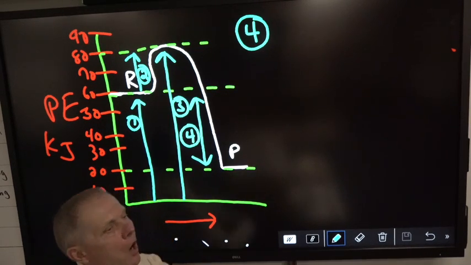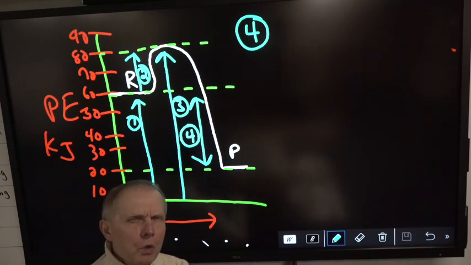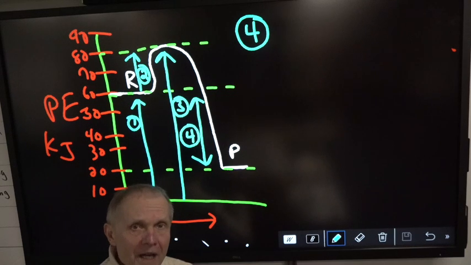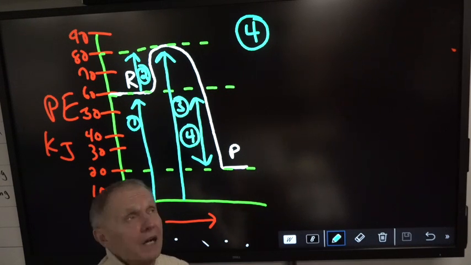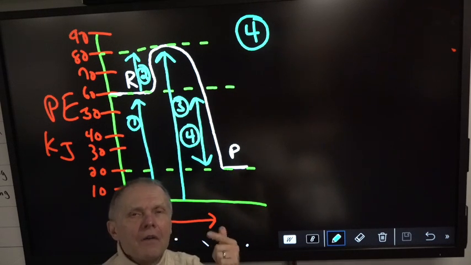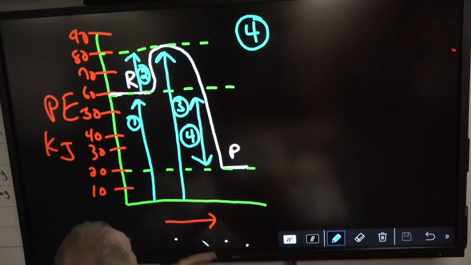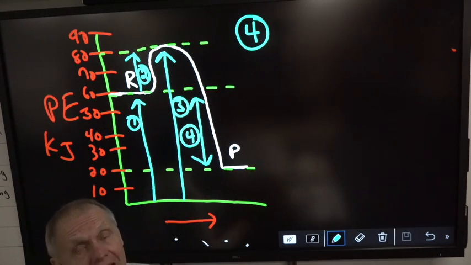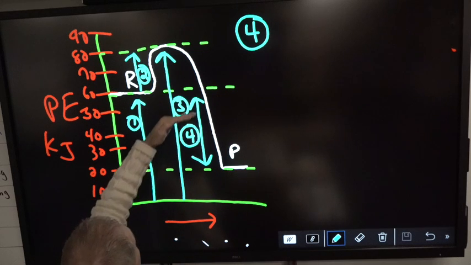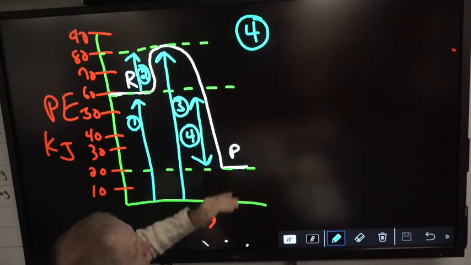You can't say, oh, that reaction gave off 60 kilojoules, because you invested 20 kilojoules to break the old bonds right here. So you can't count those 20 kilojoules in the total amount of energy. So the total amount of energy released is from 60, the reactants, down to 20.